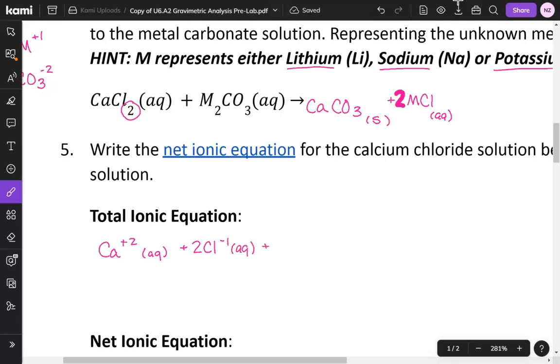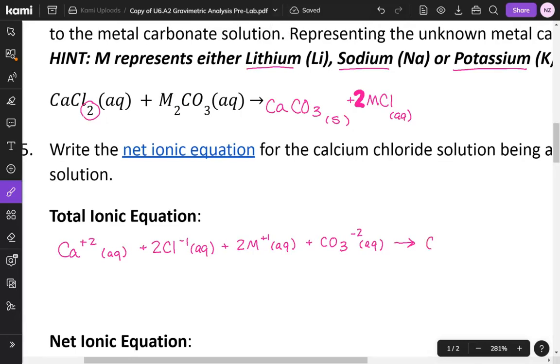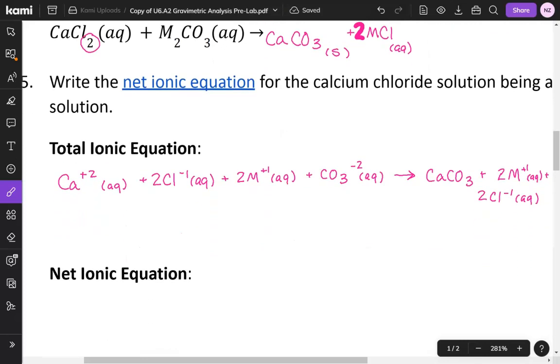We have our unknown metal, and our carbonate. Okay, on the right-hand side, we have a solid. We don't split up the solid, so it's just going to be calcium carbonate. And then we'll have 2 of our metals, and then 2 of our chlorines. So that's our total ionic equation.